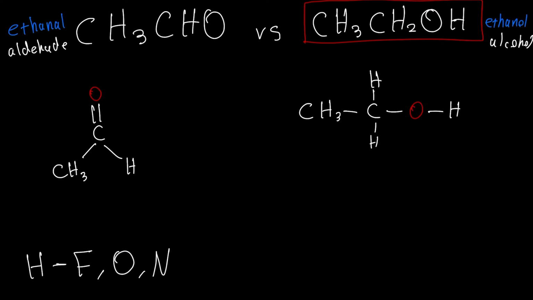The reason this occurs, once again, is because of the electronegativity difference. Oxygen has 3.5, carbon has 2.1. And so the electrons are a little closer toward oxygen. The same thing is going to be true of carbon and oxygen, where oxygen is partially negative and carbon is partially positive.